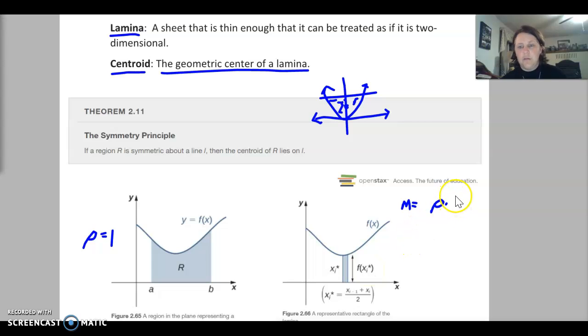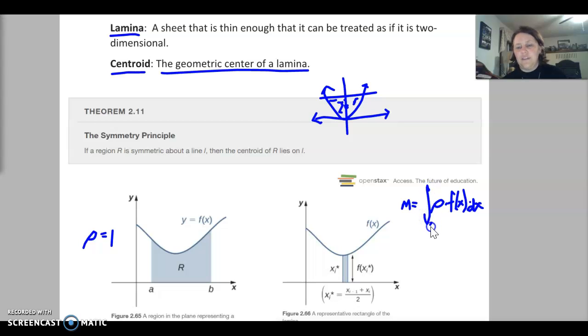So rho times the height, which is f of x, times the width, which, as you know, what we're going to do here in calculus for integration is make that dx. The dx is the difference in our x values, which we take a limit as those dx's go to 0, make them very, very small, and that's what gives us the allowance to do the integral.